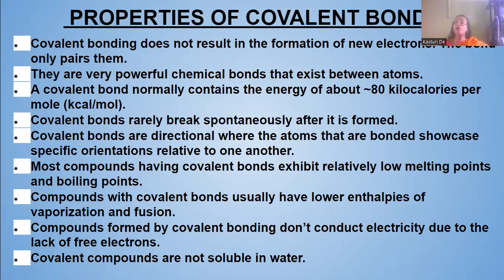A chemical bond normally contains the energy of about 80 kilocalories per mole. They rarely break spontaneously after being formed. When this covalent bond is formed, it rarely breaks spontaneously.